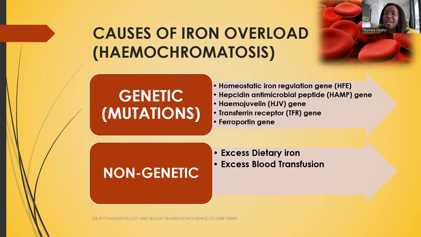Remember, Hepcidin is the primary protein that regulates iron absorption, either from the duodenal enterocyte or the release of iron from ferritin and hemosiderin in the hepatocyte and macrophages. So mutation in genes that have to do with synthesis of that particular protein can cause iron overload.